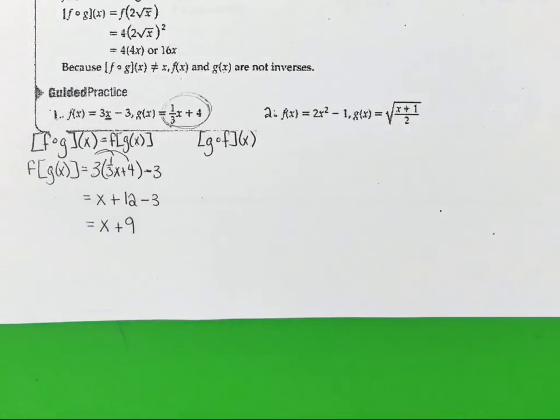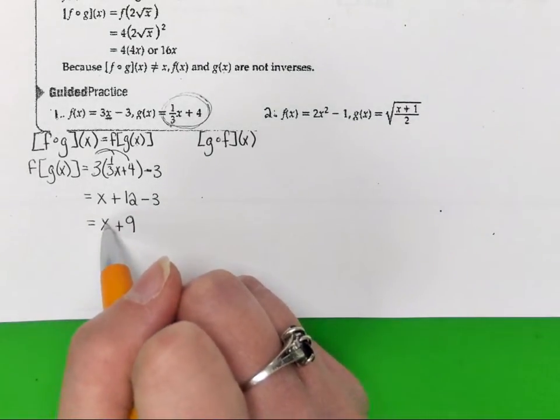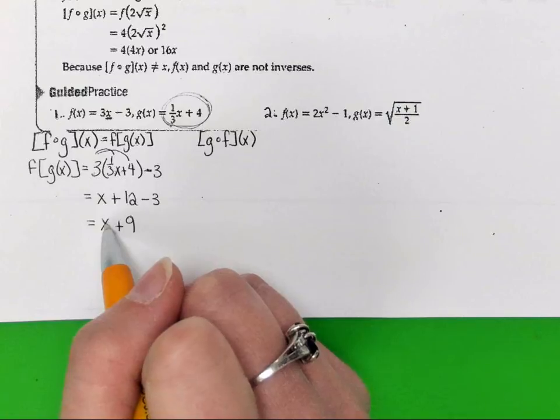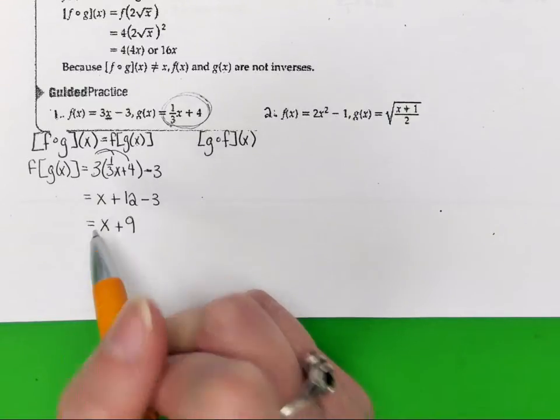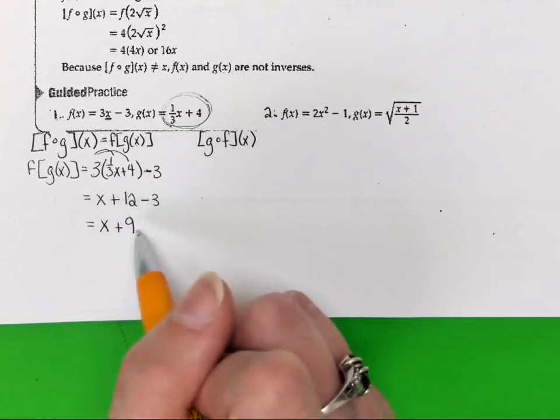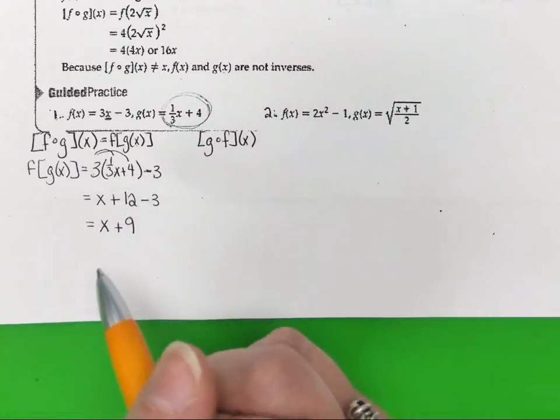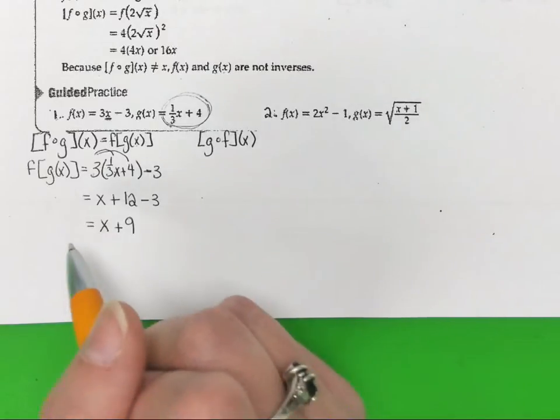Now, I really don't even have to finish this, because what you're looking for is the parent function. What is the parent function of x plus 9? It's a regular mx plus b, but in this case, what is just the parent graph, the part that goes through the origin?